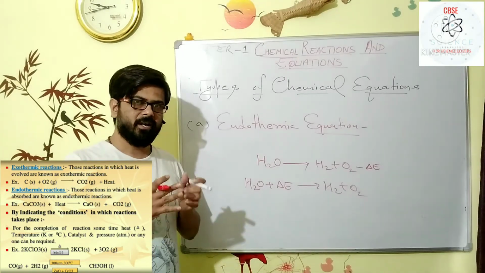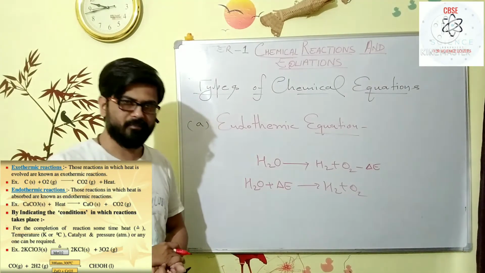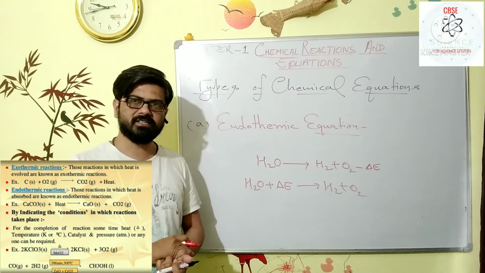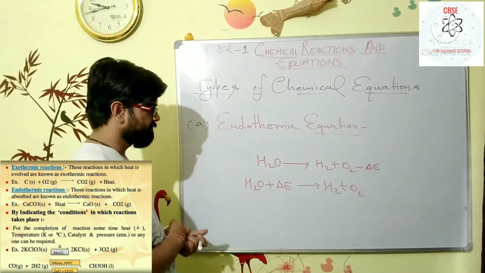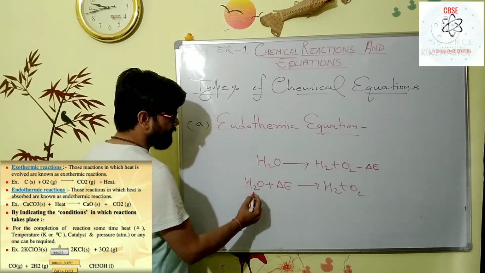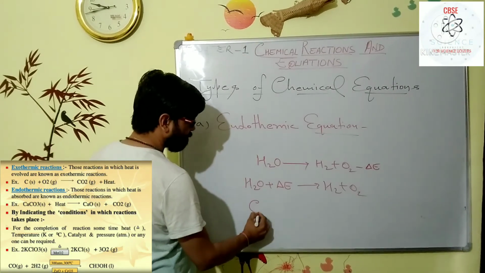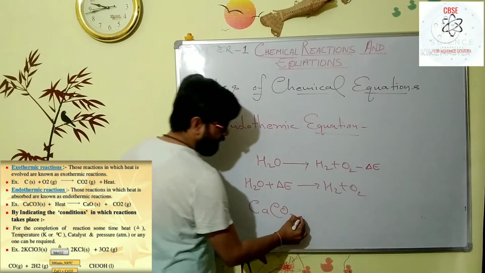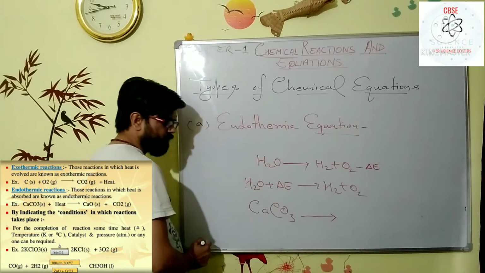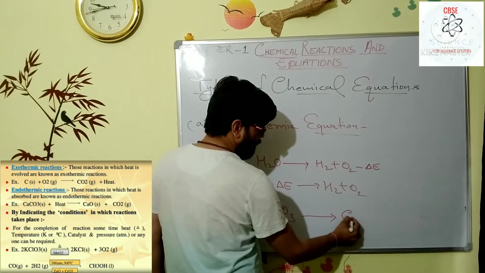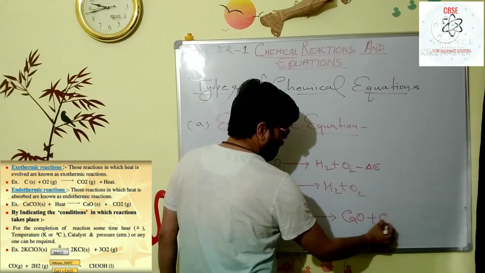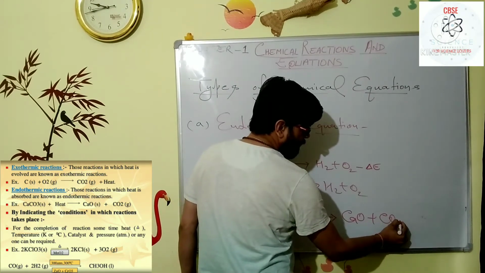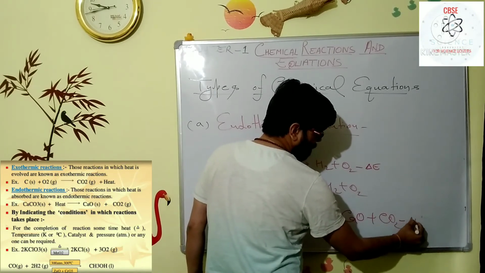So the reactions in which we have to give the energy from any external source are said to be endothermic. So take another example of a decomposition reaction, calcium carbonate, CaCO3. When you decompose the calcium carbonate, then after the decomposition we get calcium oxide plus carbon dioxide, and during this reaction we have to give energy.